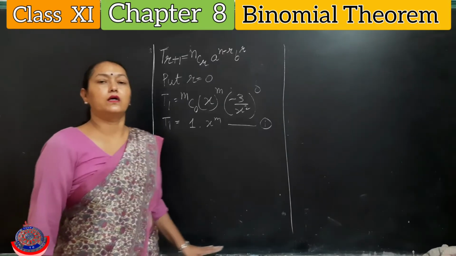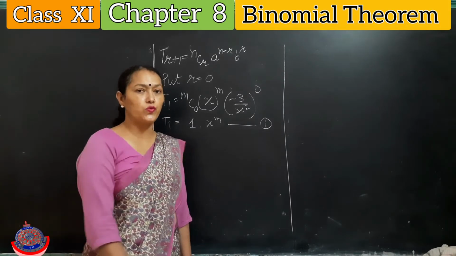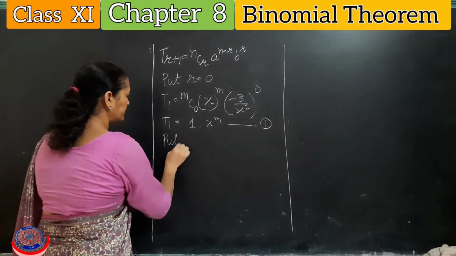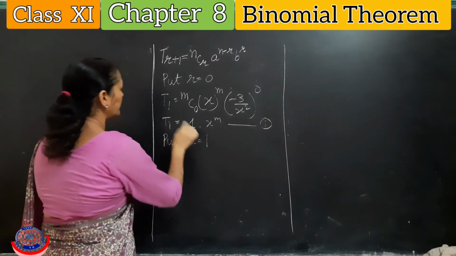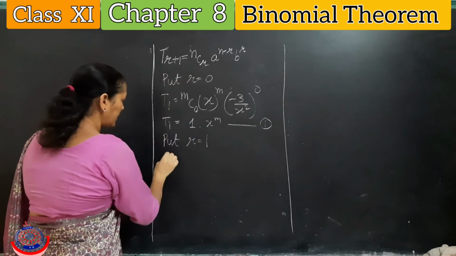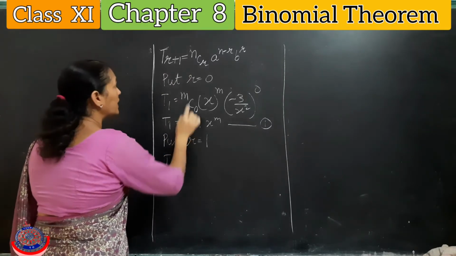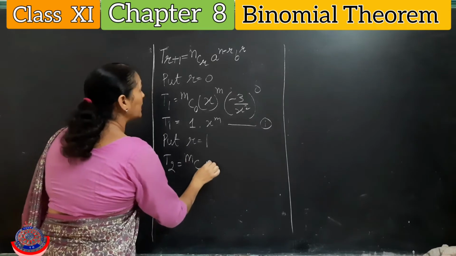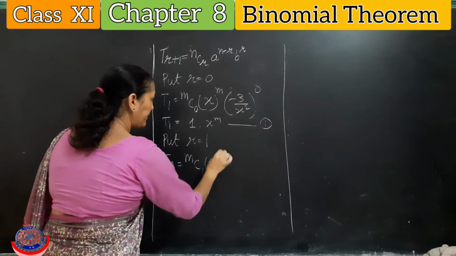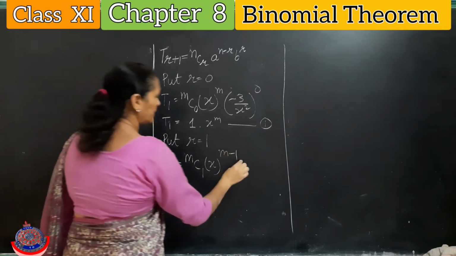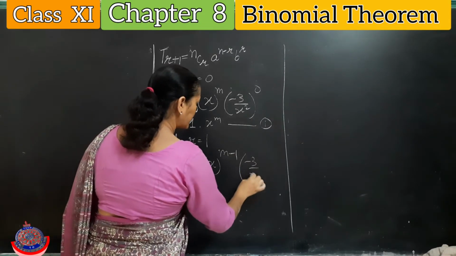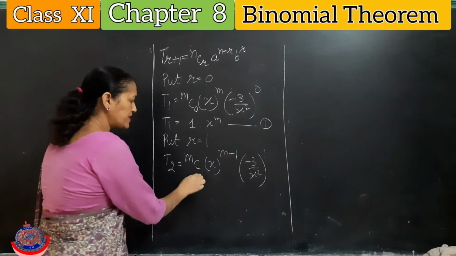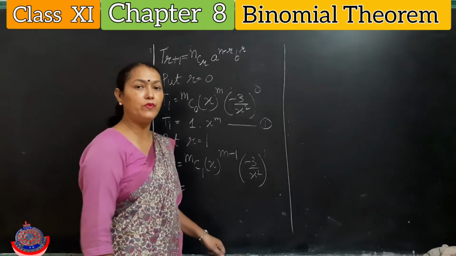If we put r equals to 1 in the general term, we will have 1 plus 1, which means second term: mC1, x power m minus 1, and then minus 3 upon x square power 1. mC1 after opening gives you m only.